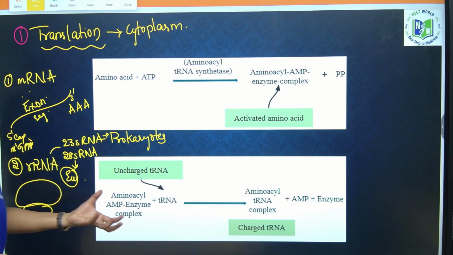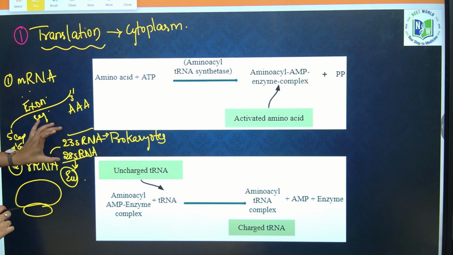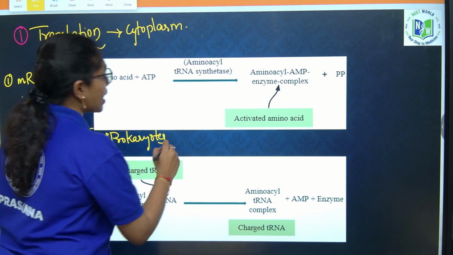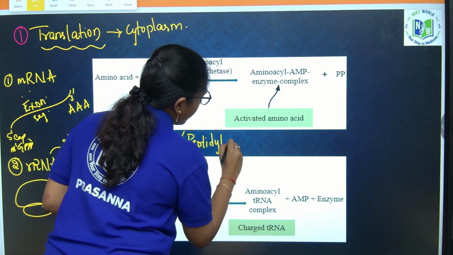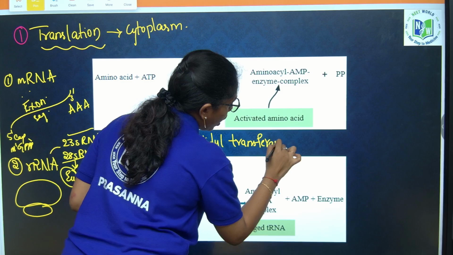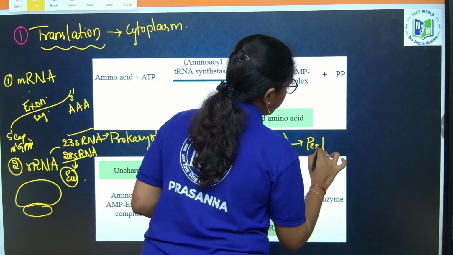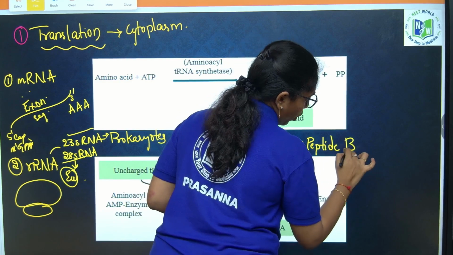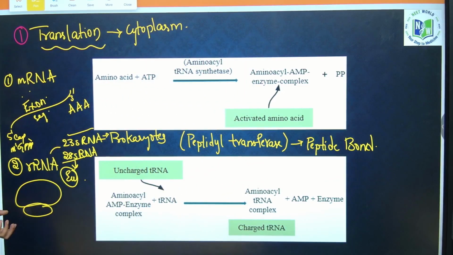You have 18S in eukaryotes and 16S in prokaryotes, but I have specified these because they are involved in the enzyme peptidyl transferase, which is involved in the formation of the peptide bond. This helps in the formation of a polypeptide chain. This is rRNA.